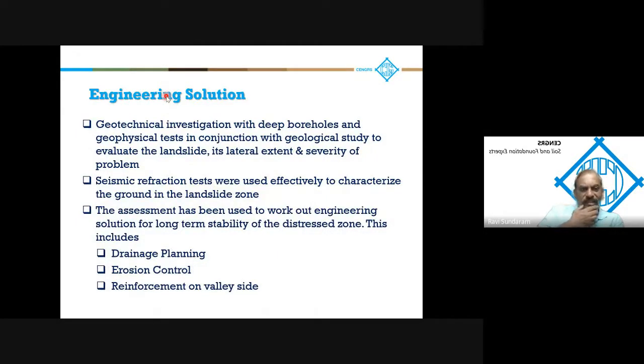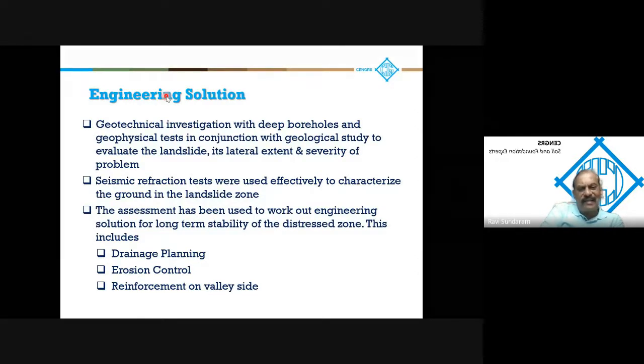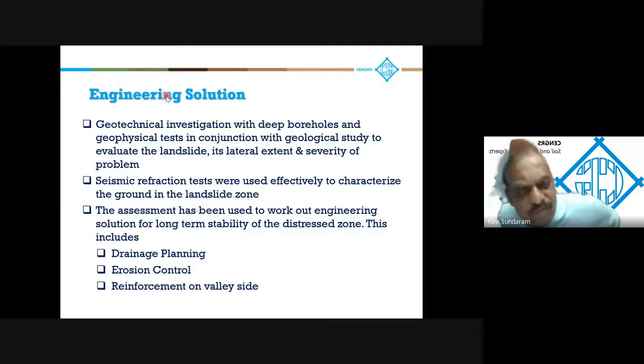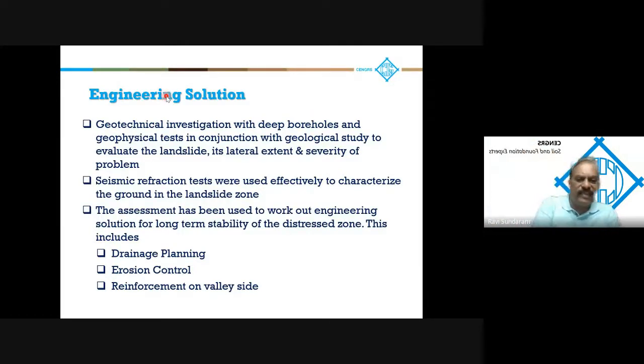First, of course, was the geotechnical investigation with deep boreholes and geophysical tests in conjunction with a geological study to evaluate the landslide, its lateral extent and severity of the problem. Obviously, geophysical tests cannot be used independently. You have to use them together with geotechnical evaluation and geological studies so that you can evaluate the problems related to the landslide.